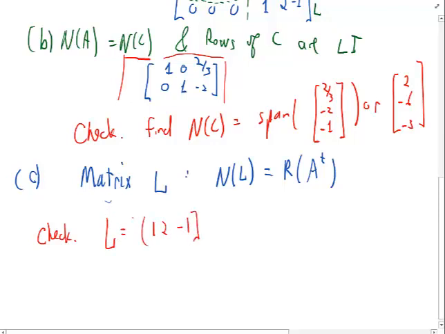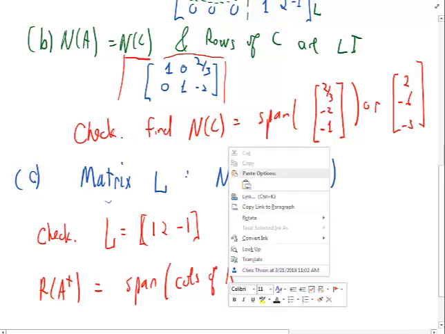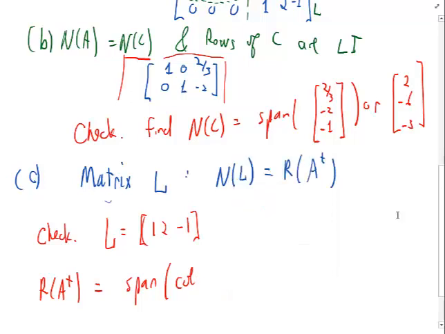Now, the row space of A transpose is equal to the span of the rows of A transpose. Let's do it right.